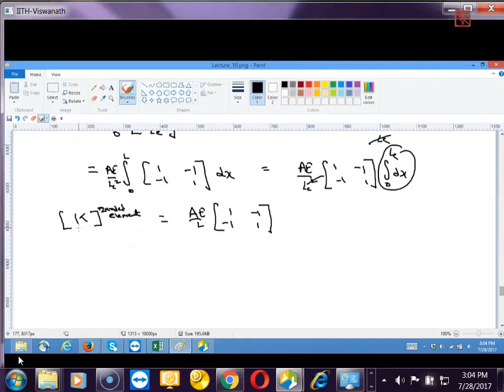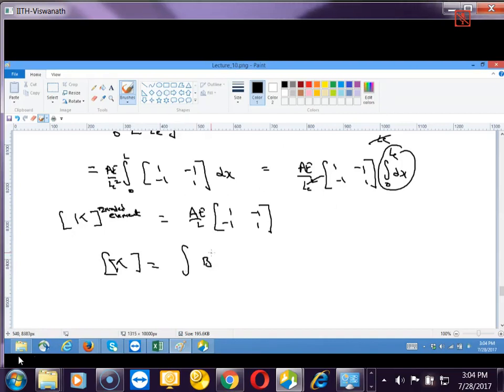In brief, one can say that K is defined as the integral of B transpose D B, with some measure, right?